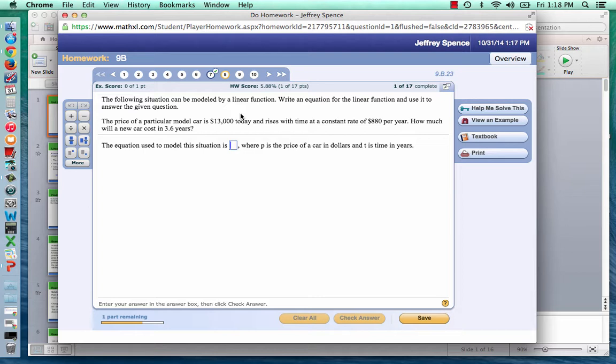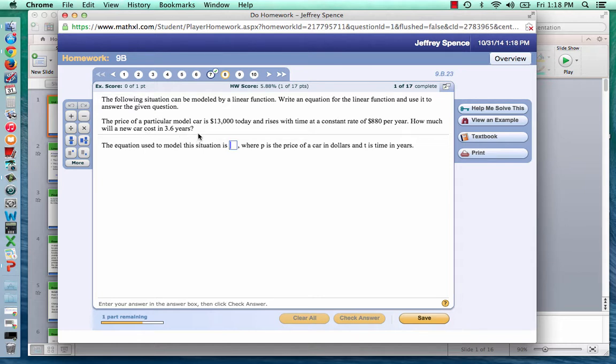The price of a model car is $13,000 today and rises with time at a constant rate of $880 per year. So this could be like the Toyota Corolla. Each year the price goes up because of inflation and things like that. So this year it's 13,000, and next year it's going to be 880 more, and so on. How much will a new car cost in 3.6 years?